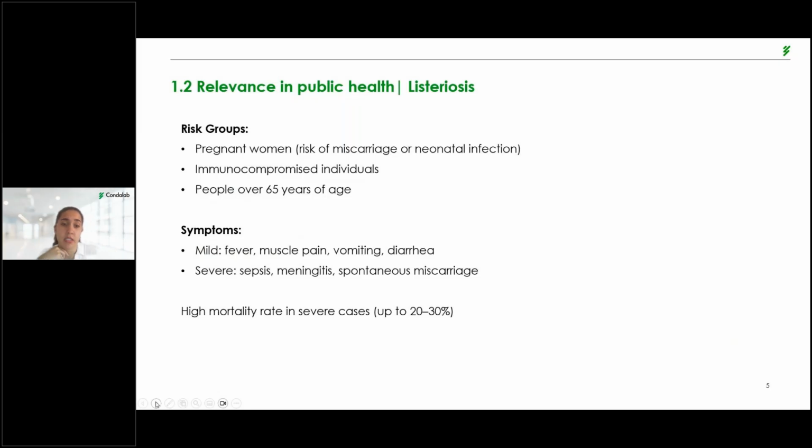In mild cases, it can cause fever, muscle pain, vomiting, diarrhea, and in the severe cases, it can also cause sepsis, meningitis, or a spontaneous miscarriage in pregnant women. The mortality rate in the severe cases is really high, and it can be up to 30%.